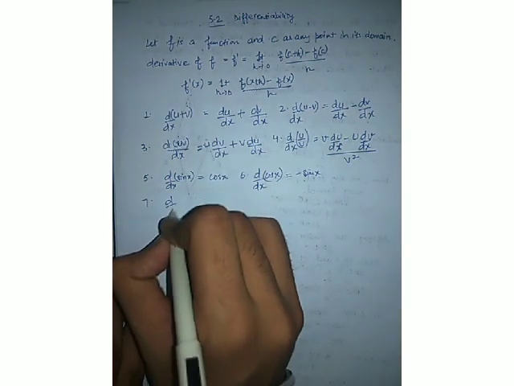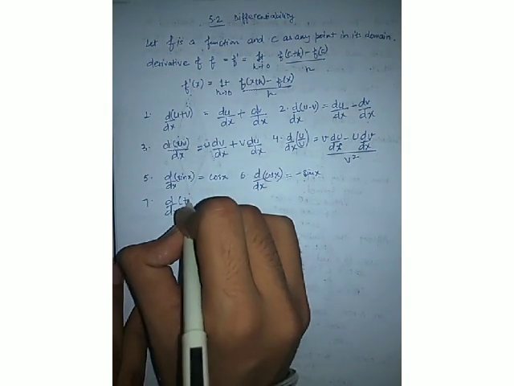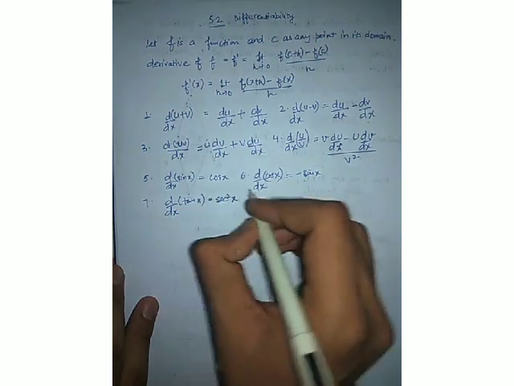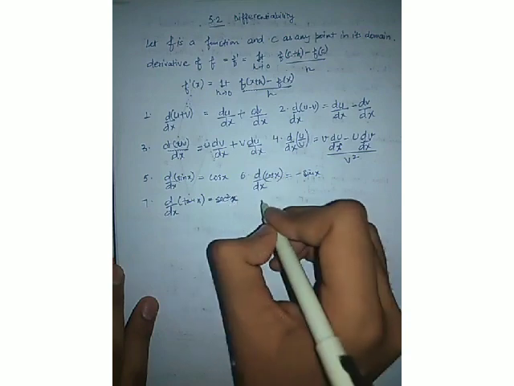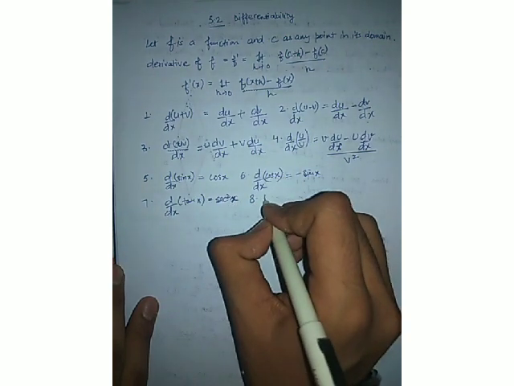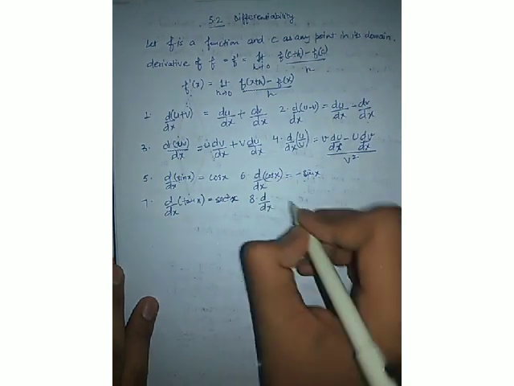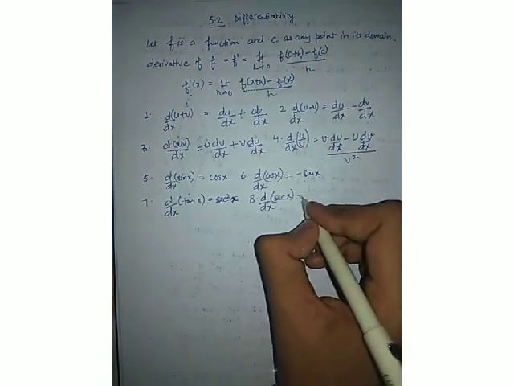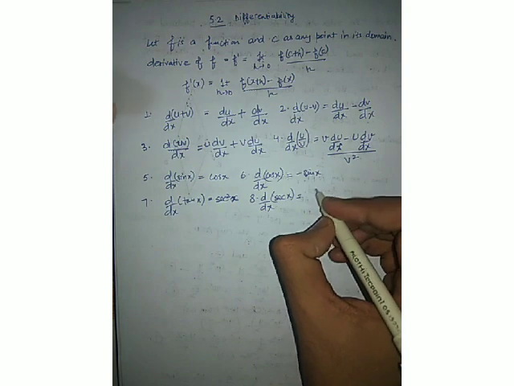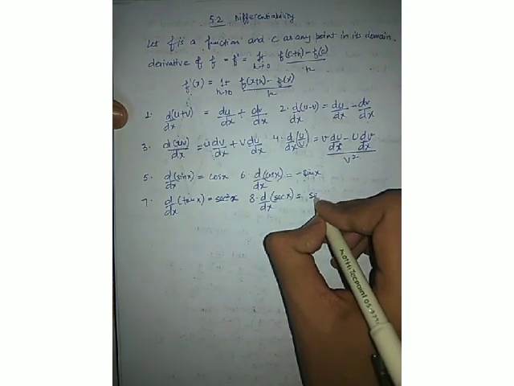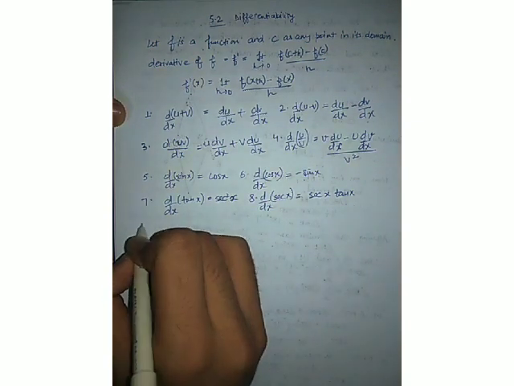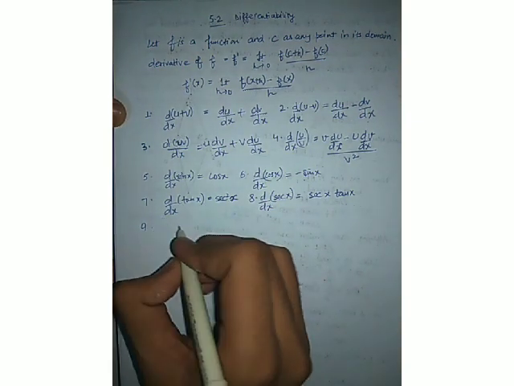If we derive tan x, then we will get secant square x. If we derive secant x with respect to x, we get secant x tan x. These are basic identities, and you must know these before doing sums.